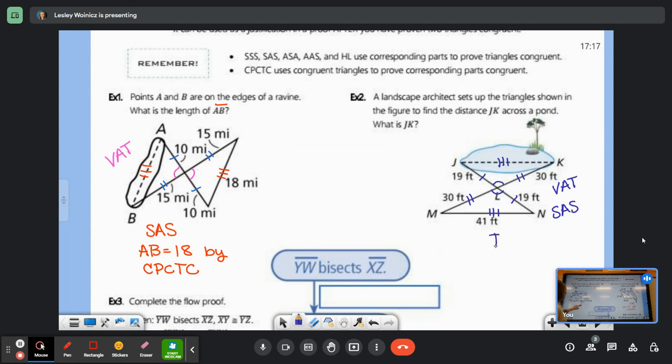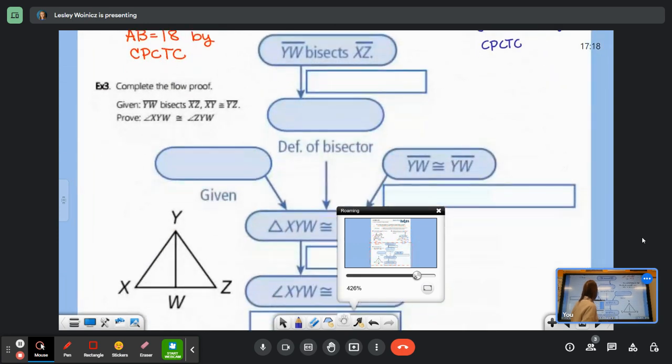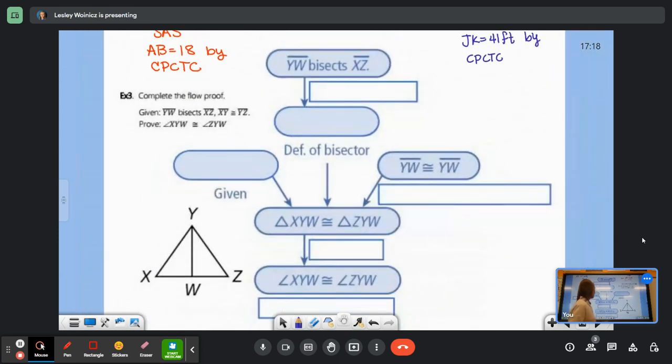So we can find the measure of JK is 41 feet by using corresponding parts of congruent triangles are congruent. Ta-da! That's it.